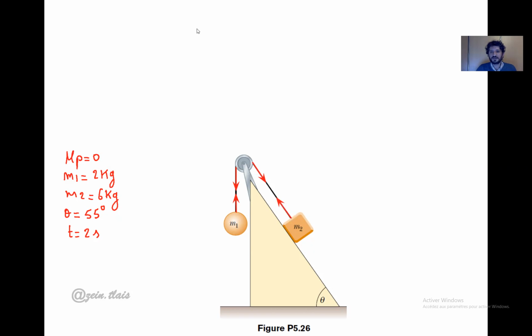Because the pulley is massless, we have the same tension to the right and to the left. So the mass of the pulley equals 0. We can say T1 equals T2 equals T.